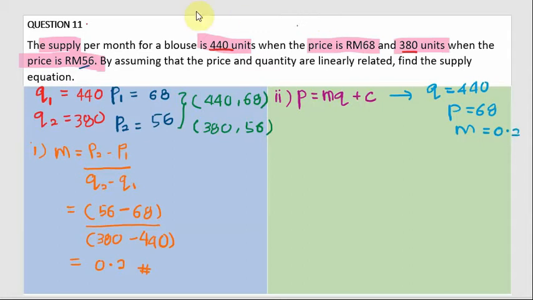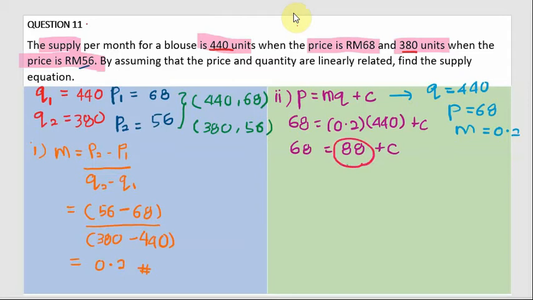So we have 68 equals 0.2 times 440 plus C. So here is 68 equals 88 plus C. Now bring 88 to your left. Then we have 68 minus 88 equals C. What is C? C is negative 20.